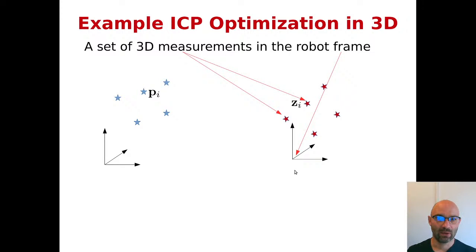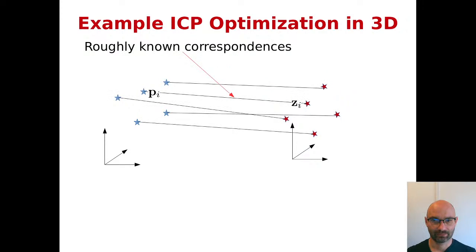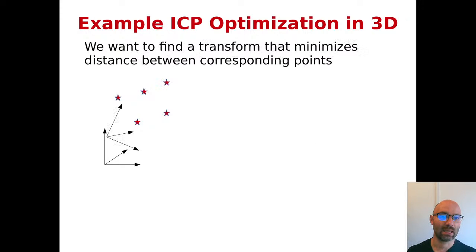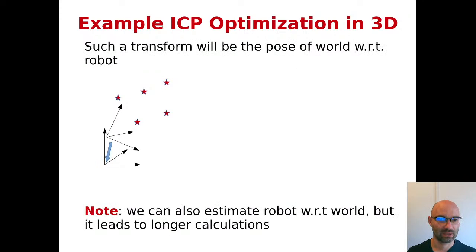We have an oracle that tells us which point is which. And given all these premises, we want to find the transformation of the sensor in the world, or the world with respect to the sensor, which is equivalent, because one is the inverse of the other, that basically makes the two points overlap under the transformation.